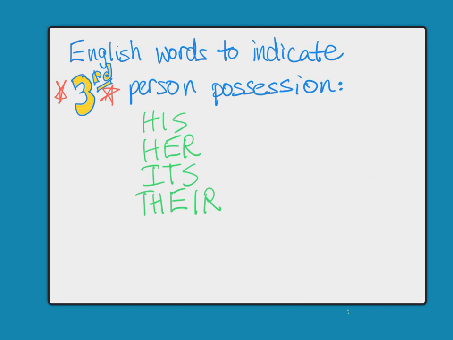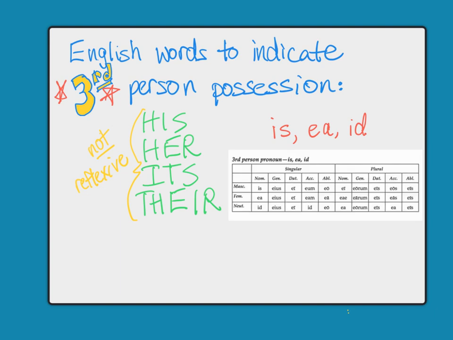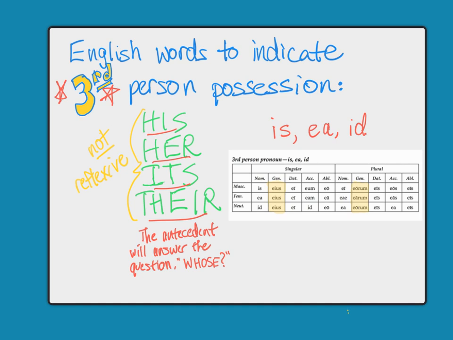So for possession that is not reflexive, you're going to use a pronoun, is, ea, id, and pronouns get their own case, number, and gender. So in order to express possession, you're going to use the genitive of that pronoun. And that pronoun is going to have an antecedent that will determine its gender and its number.